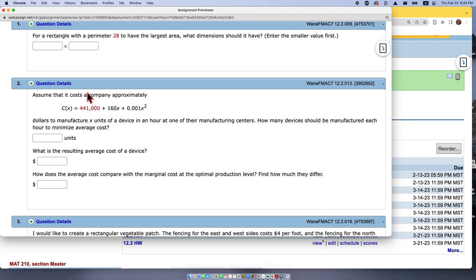And this one we could do graphically if we wanted to. We could graph this. We'll see that it's an x squared, so thinking how does an x squared look, right? It's a U shape up or down, and this one has a positive, so it's going up. So it's going to have a minimum, so there'll be a minimum cost here. So you can go through with that.